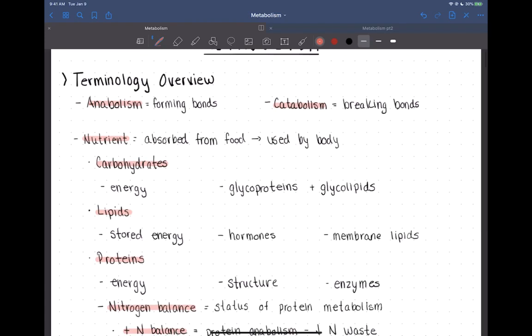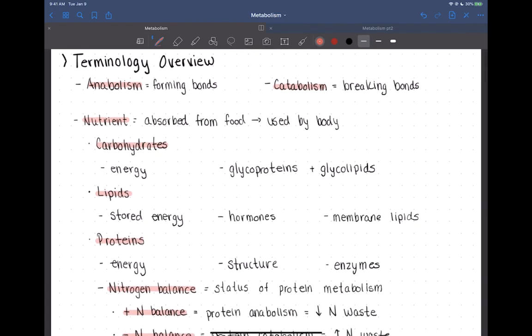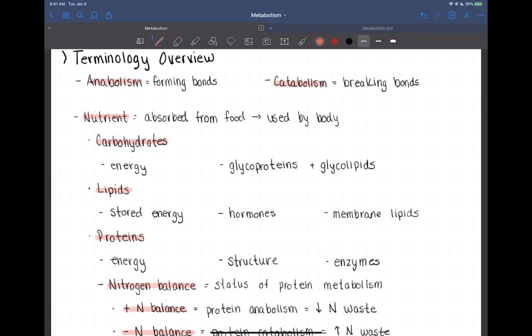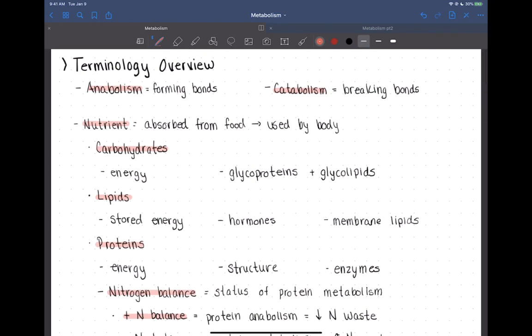All right, so for our terminology overview, a lot of this will be review, and then we'll be adding in a few new concepts as well. Okay, so first off, with metabolism, we're going to be forming bonds and breaking bonds. Anabolism is just a term for forming bonds.